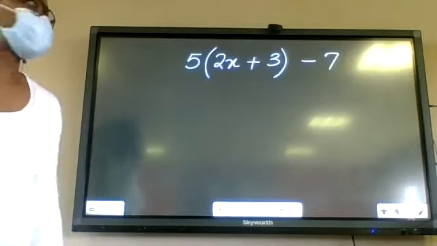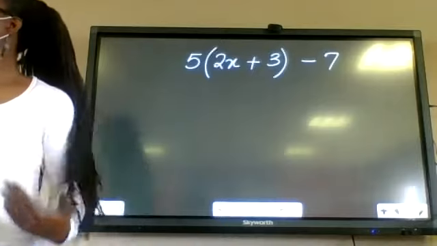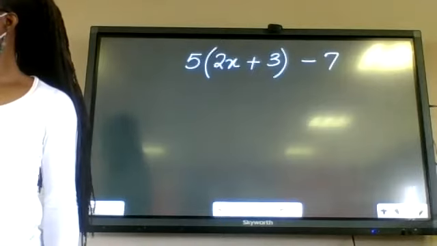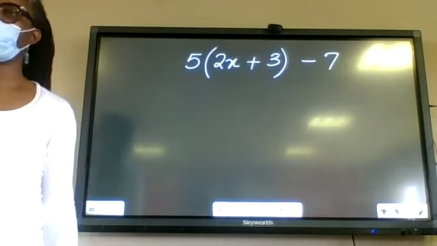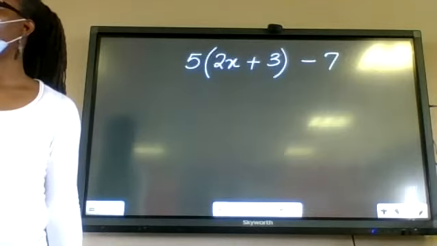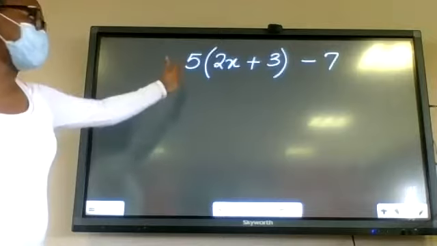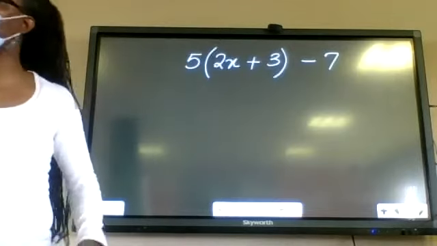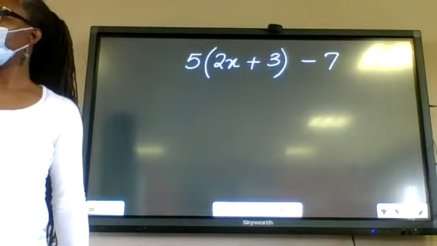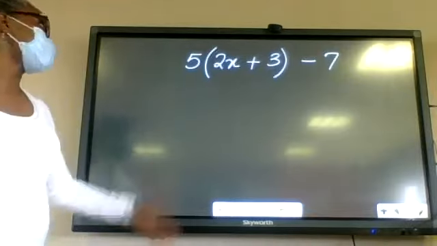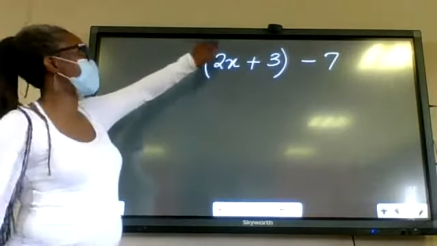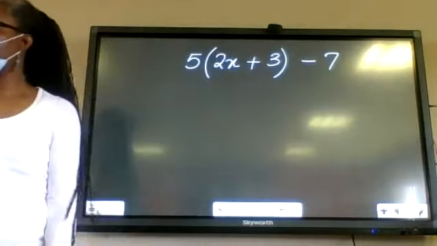The 5 must multiply the 3. Now, how about the negative 7? No, because it's now outside the bracket. The operation of 5 ends when you close the bracket. But 5 outside the bracket means it's going to multiply.